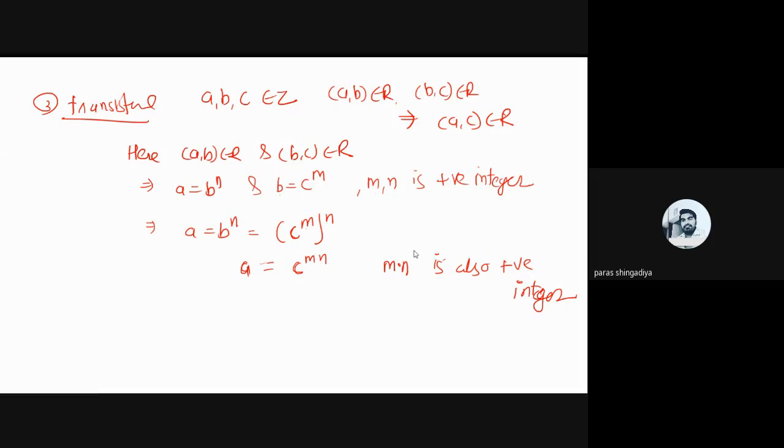You can consider an example for that. Let us take m as 5 and n as 6. The product 5 into 6 is 30, and 30 is also a positive integer. So A is equal to C raised to mn, where mn is also a positive integer.